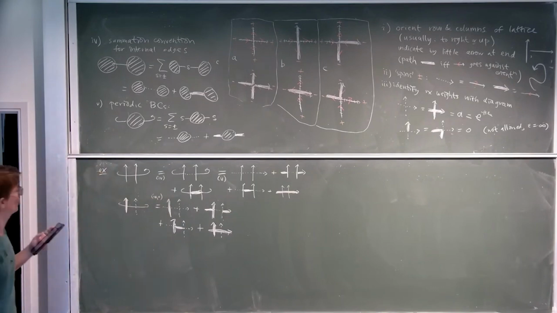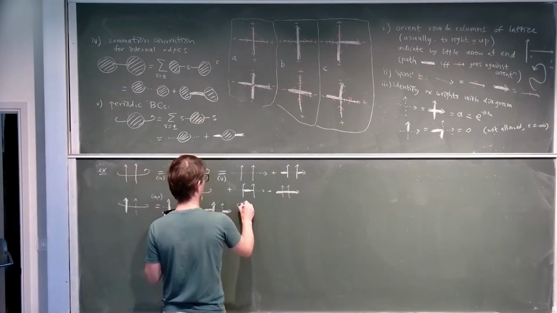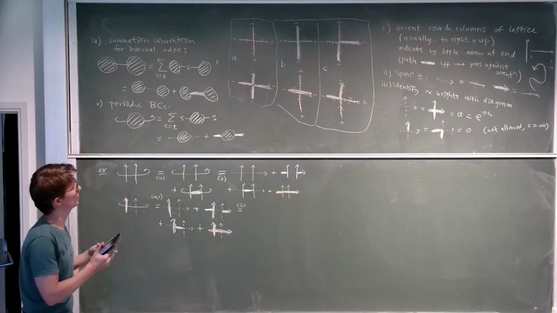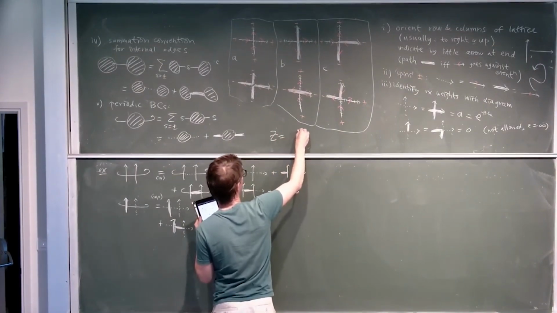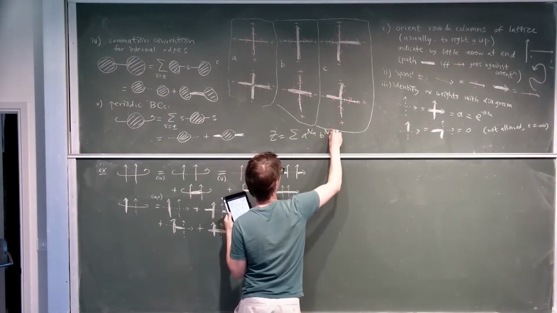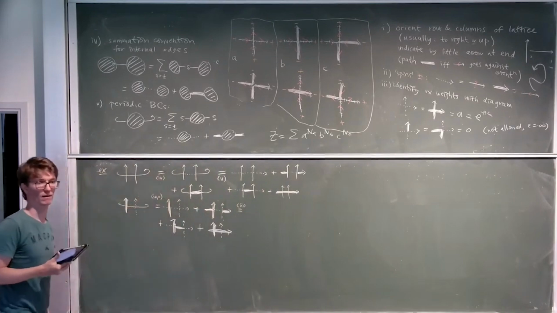Then next I have rule number 3, which said that I'm going to identify the vertices with their vertex weights, A, B, and C. So we multiply weights.